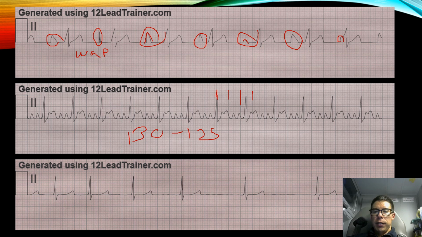We have P waves. They are monomorphic, so they're coming from the same area. However, they are not sinus because although they are upright, they're not very round, although they are symmetrical. So we have that sharp sawtooth appearance, which is indicative of atrial flutter and an atrial rhythm.